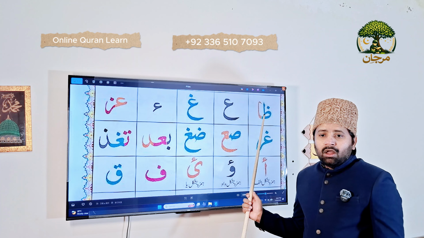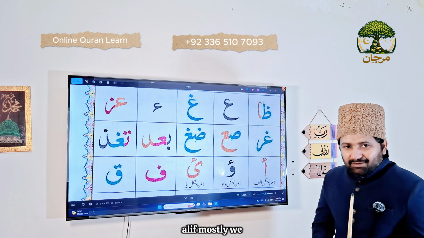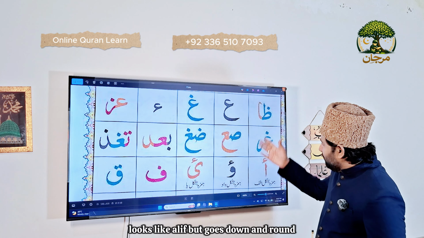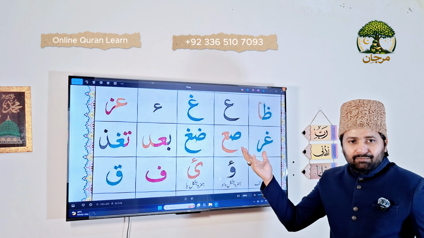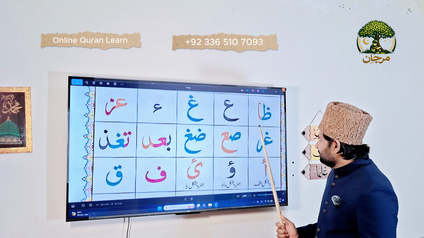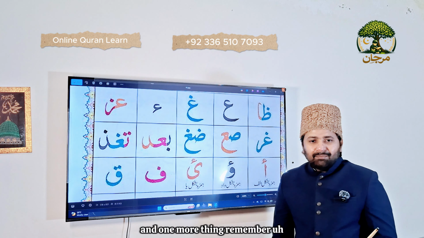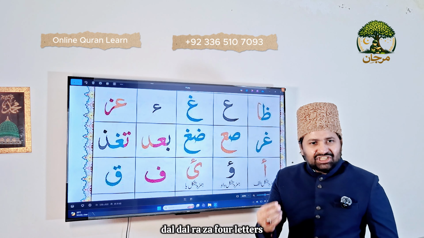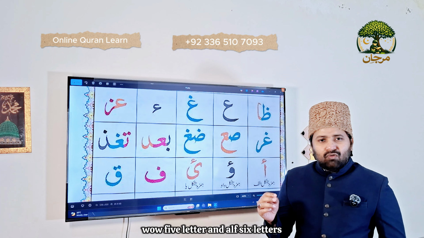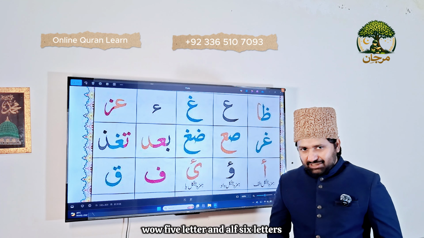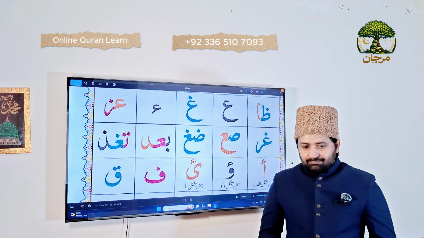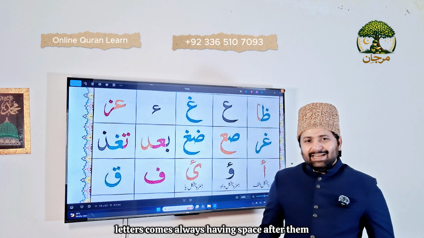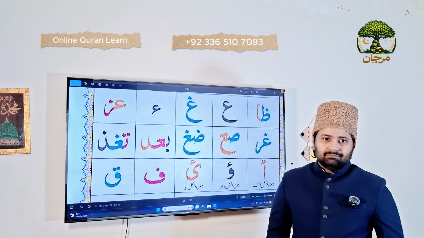Ra, alif. Mostly we are confused about alif and lam. Remember, lam looks like alif but goes down and round, turning to the left side. And one more thing, remember: dal, ral, ra, za are 4 letters, waw makes 5 letters, and alif 6 letters, and if you include hamza too, 7 letters. These always have space after them.